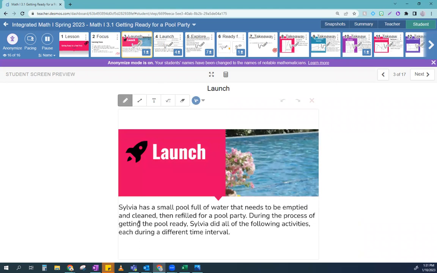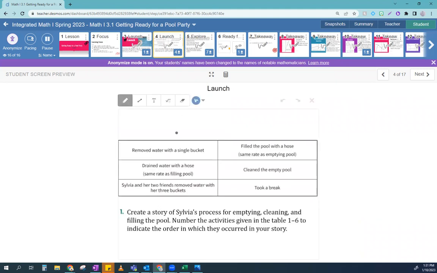So we have this context and it says, Sylvia has a small pool full of water that needs to be emptied, cleaned, and then refilled for a pool party. During the process of getting the pool ready, Sylvia did all of these following activities, each during a different time interval. So here's all the things that she does, and these aren't in order.